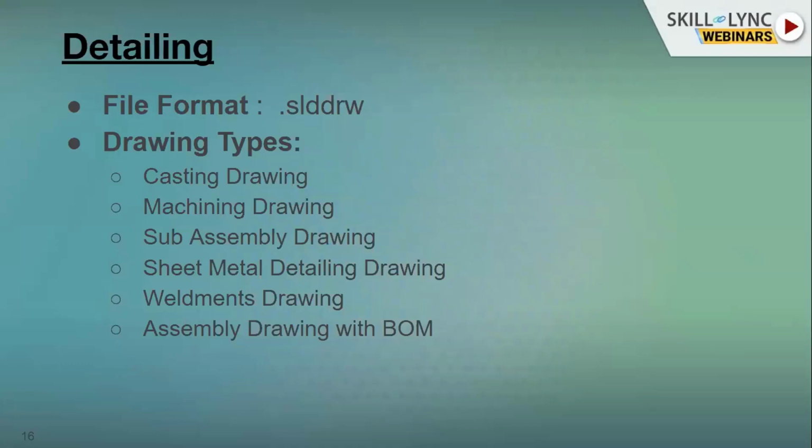And weldment drawings, in order to educate the welder where he needs to weld the individual parts, that information can be given through the weldment drawings. And assembly drawing with BOM, this will be useful when the product is being assembled in the line assembly. So when the technician reads this assembly drawing, they can easily find out the individual spare parts and assemble them as per the requirement.